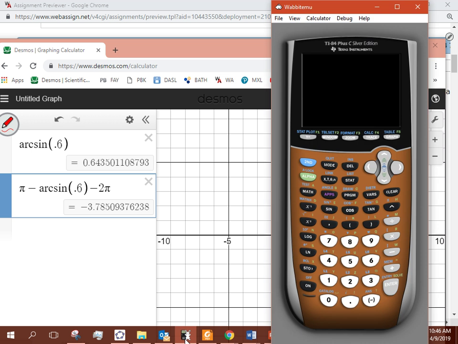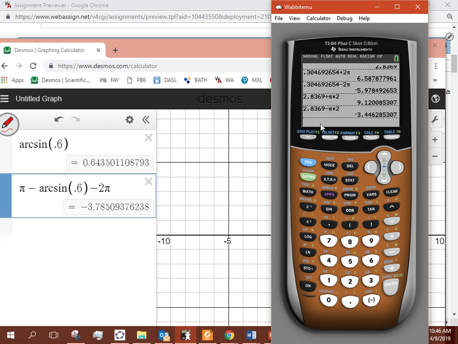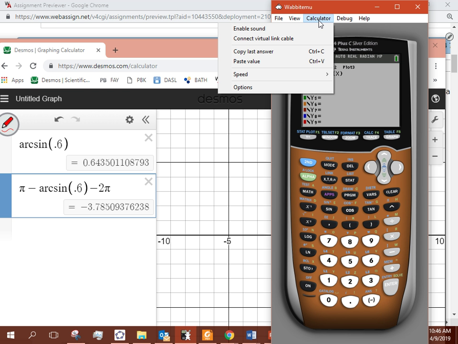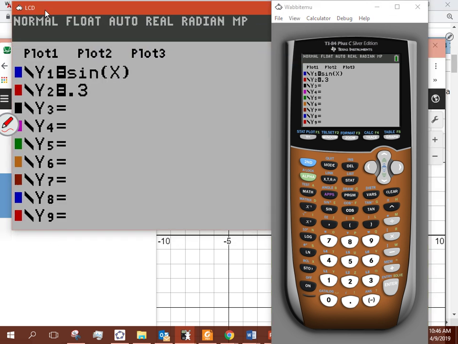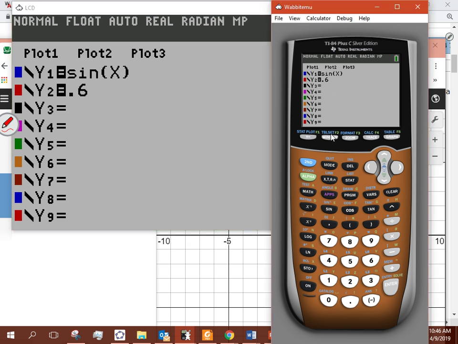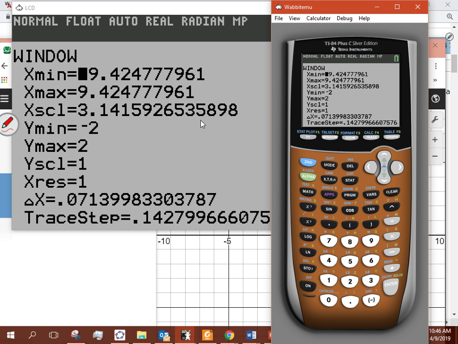But I'm just going to show you what we did there with this calculator. All we did, we took sine of x. I don't want to spend a whole lot of time doing this because we're going to run out of time with what I want to show. But this would be 0.6, right? Then if you read the directions, it says it wants you to be in a window that is between negative 3 pi and 3 pi.